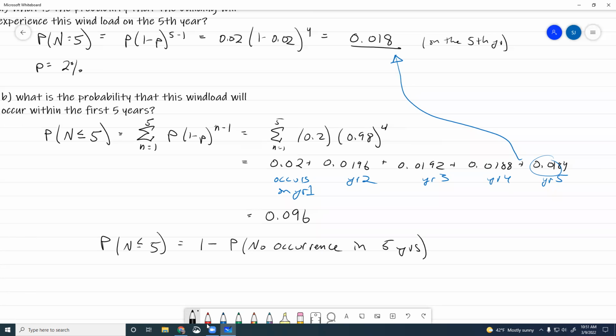How would you write that out? The probability that there's no occurrence in 5 years would be (1 minus P) to the 5th. I'll let you calculate that out, but this would be 0.98 to the 5th, and that ends up being 0.096. So just another way to do that.